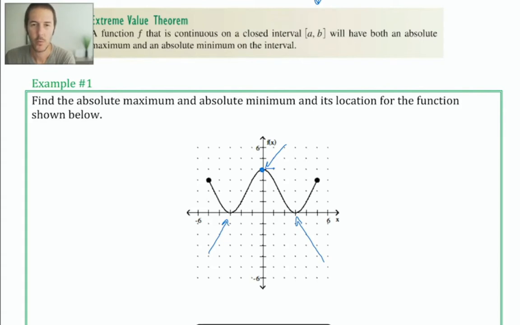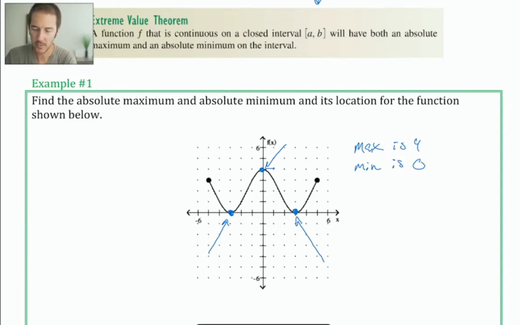So the y value of 0, which is the y value of both this point and this point, is less than or equal to the y values of all other points on this graph. So we would say that the maximum, or absolute max, is 4. The absolute minimum is 0.